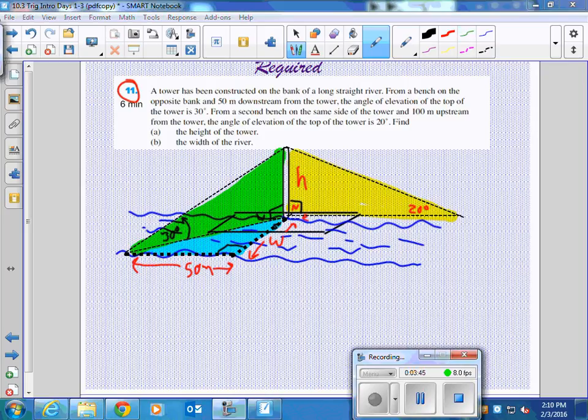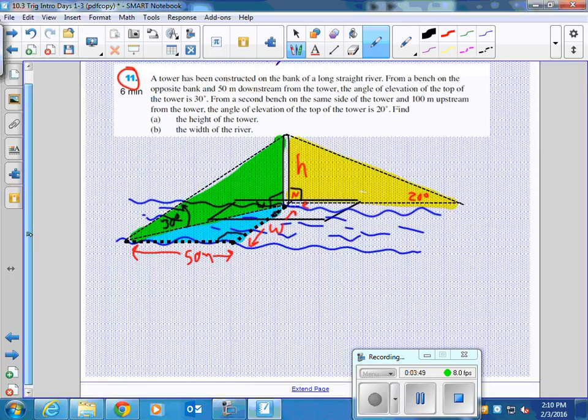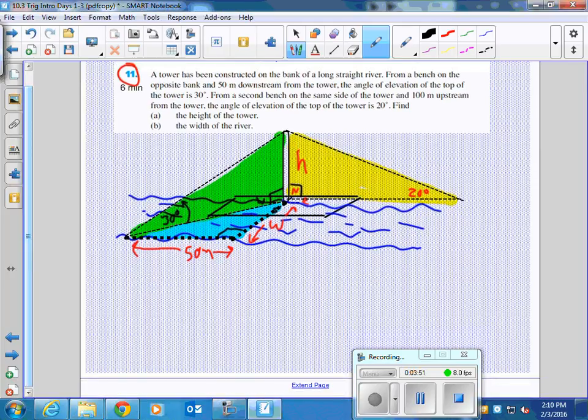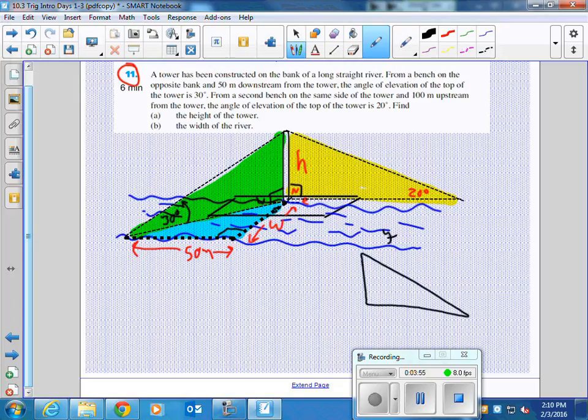So this is probably a time where you want to say, I wish I could think of these triangles separately. So why not? Take the yellow one, and the yellow one has an angle of 20, the height here, and then this. We do need to know a distance, and I think this length was 100 meters, wasn't it?